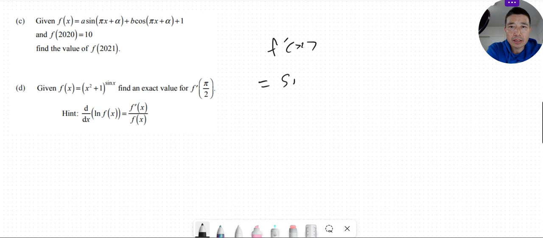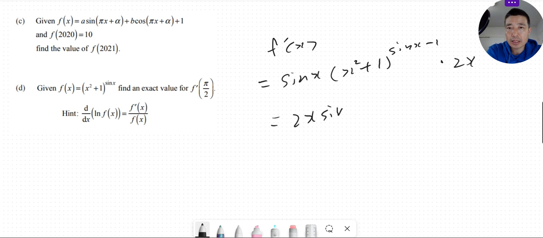So sine x, right? And then x squared plus 1 to the power of, you take away 1, isn't it? And then times the derivative of the inner function. So differentiate x squared plus 1, you get 2x, isn't it? So I'm going to rewrite this. So equals 2x sine x, x squared plus 1 to the power of sine x minus 1, isn't it?